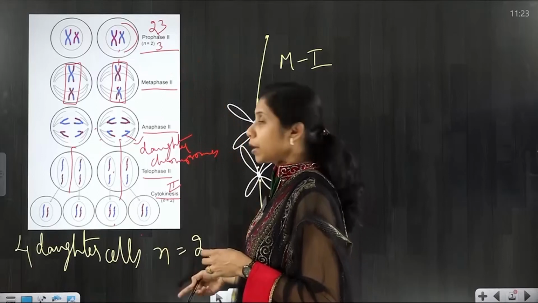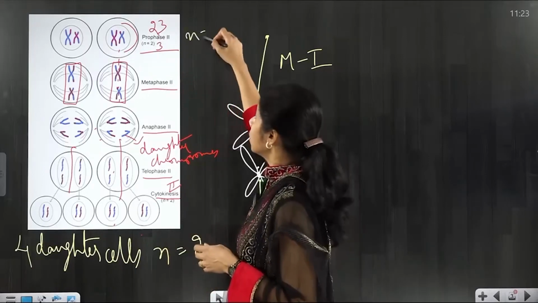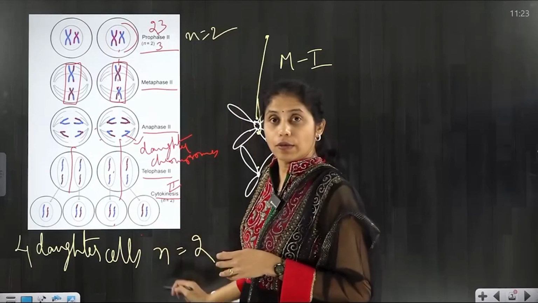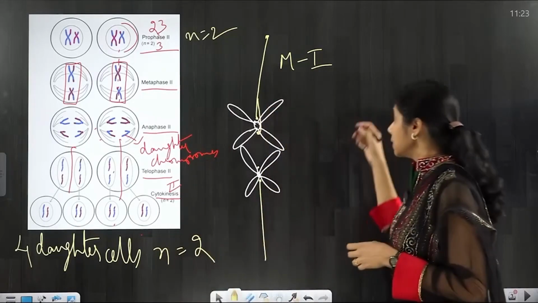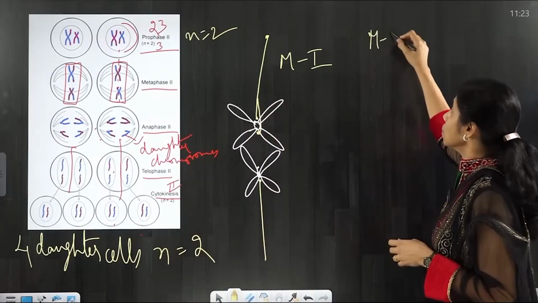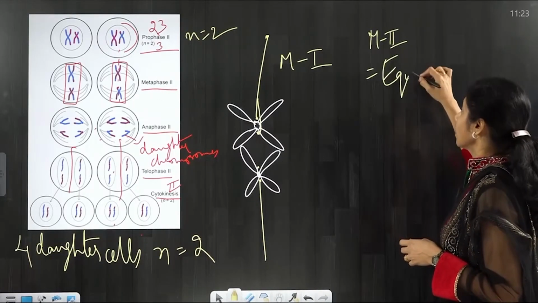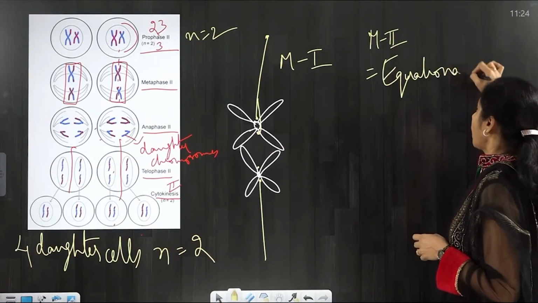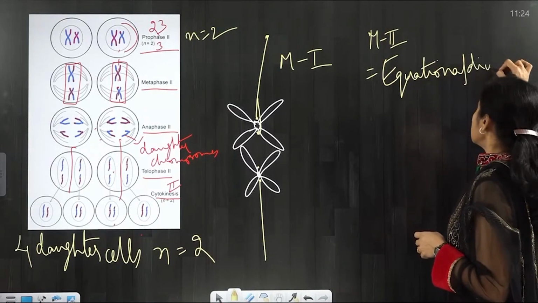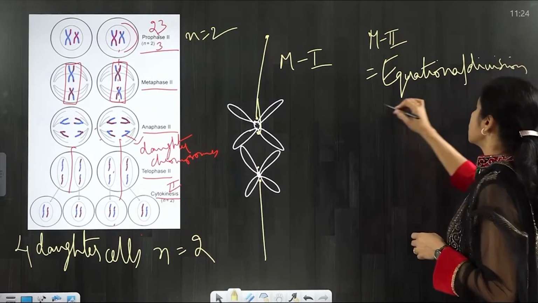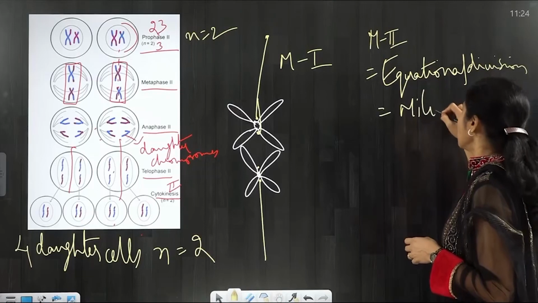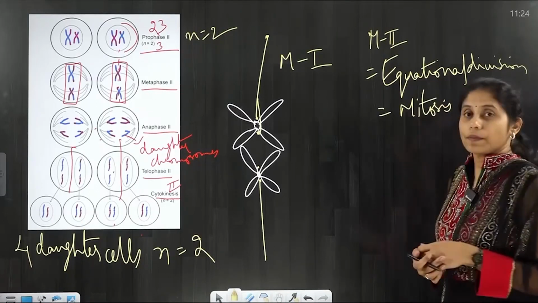So the chromosome number remains the same. Here n is equal to 2 and here also n is equal to 2. As the chromosome number is equal, meiosis 2 is called equational division. This nickname is already given to mitosis, so it is equal to mitosis. It is similar to mitosis.